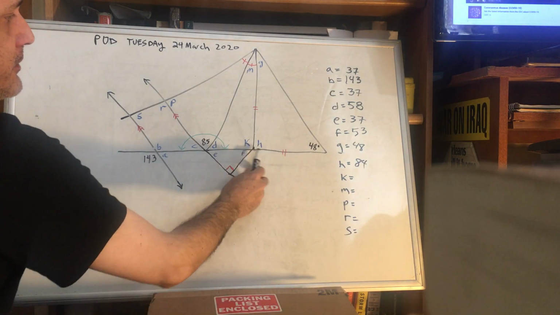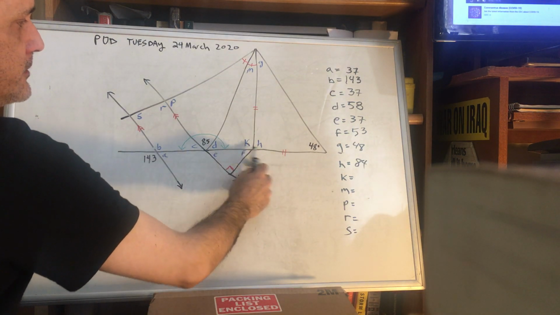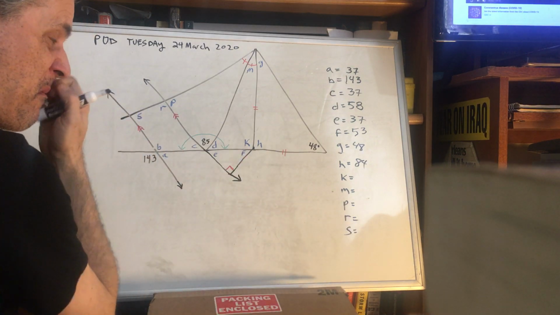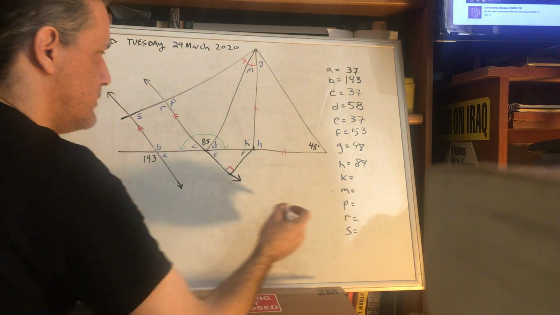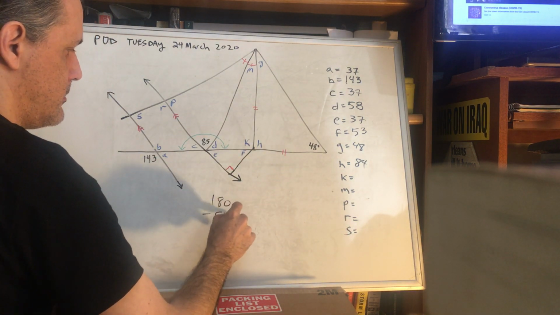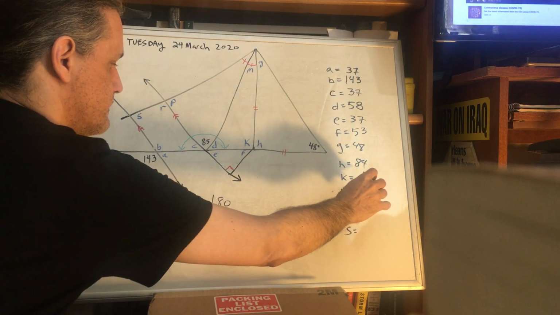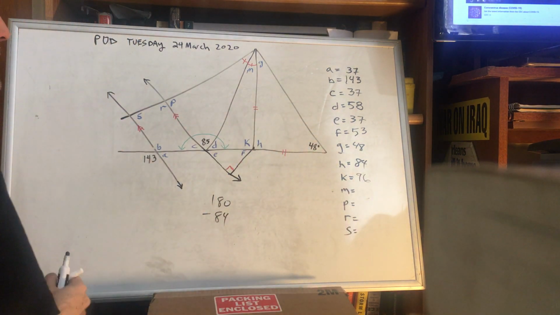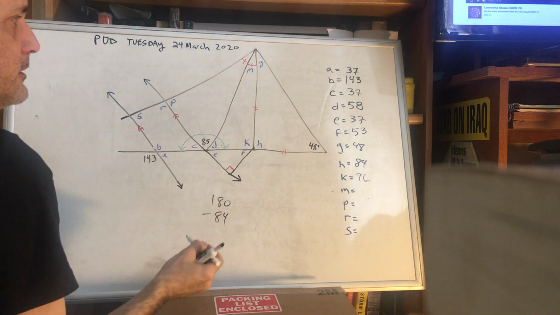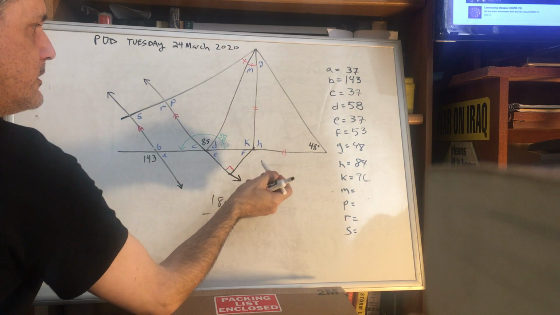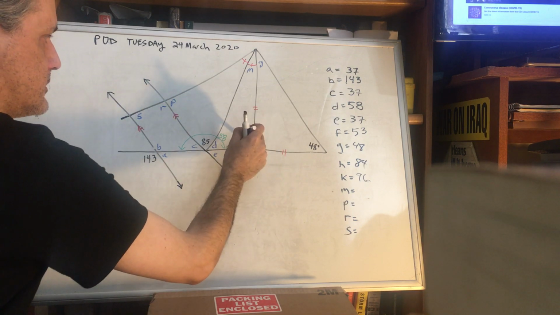Okay, now we can get K because, again, H and K are supplementary. Okay, so then that means you subtract from 180. Right, so 96. Alright, now we're going to be able to get M because we have D, which is 58, and we have K, which was 96.